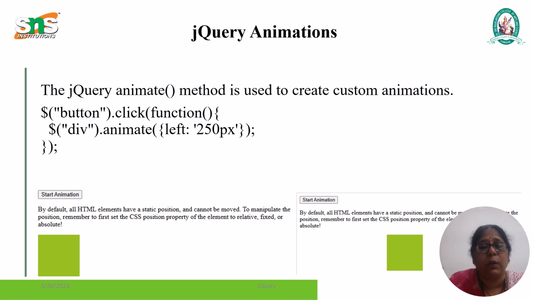In this example you have a box, which you call a division element, div element. In the animation, it is in the left position, and by clicking the start animation it has to move to the other side. In this example, the green box is on your left side, and when you click the start animation it goes to the right-hand side.